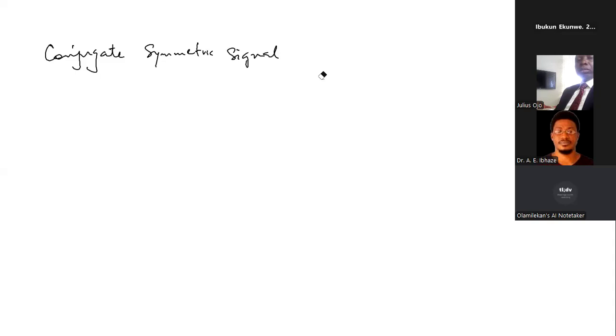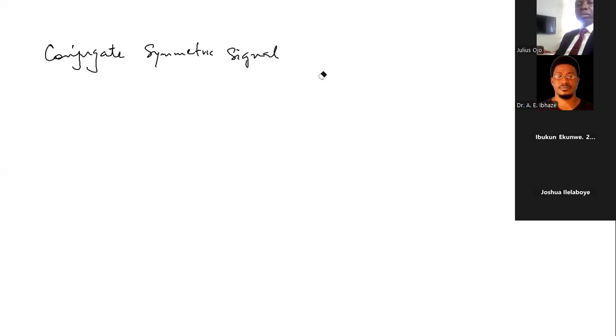So we are going to see the two parts, the conjugate symmetric and the conjugate anti-symmetric signal. But when we talk about the complex conjugate in mathematics, it is the sign of the imaginary component that changes. When the sign of the imaginary component changes, we say we have a complex conjugate of that signal, okay?